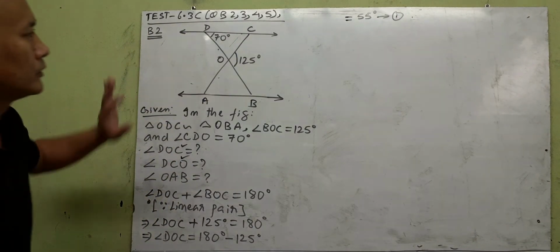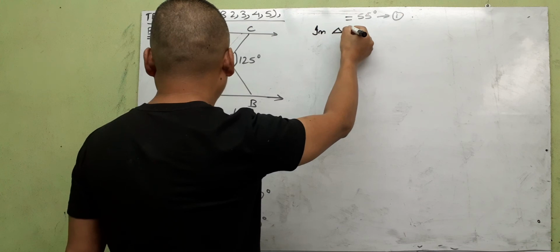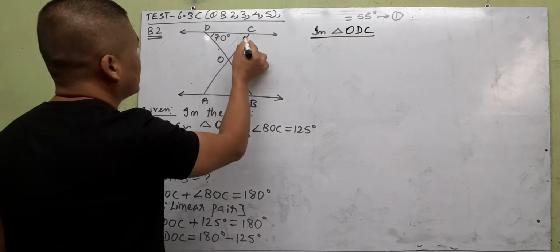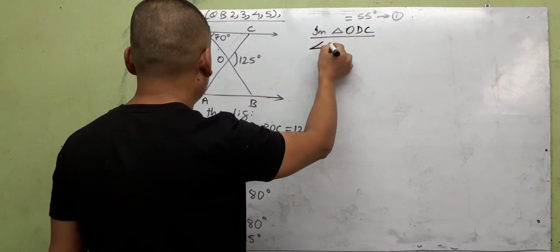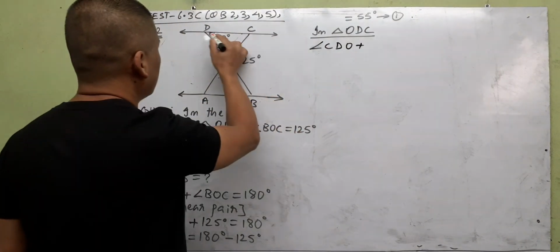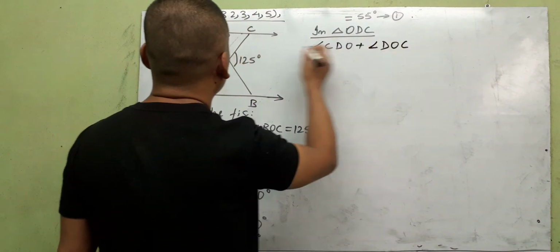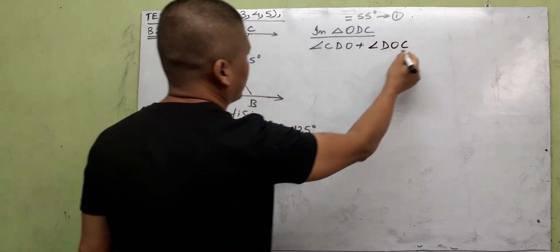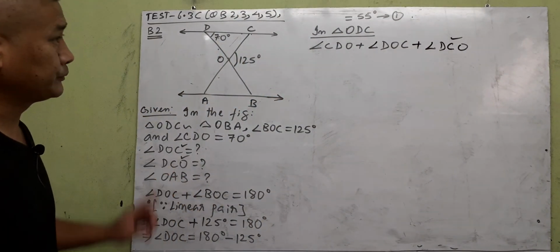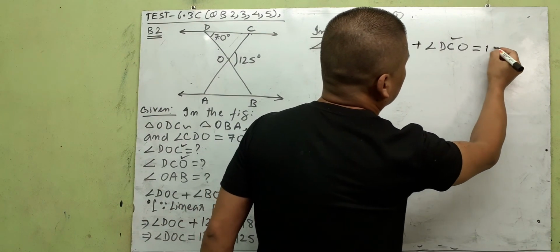So for DCO, in triangle ODC, this triangle, angle CDO, this 70 degree, plus angle DOC, this angle, plus angle DCO, the one you want to find out, these three angles inside the triangle will be equal to 180 degrees.